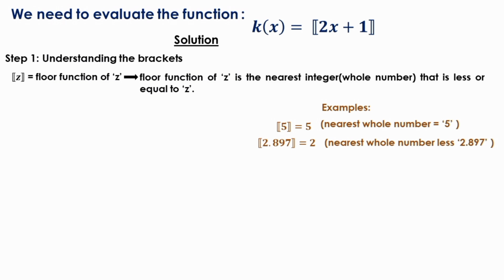If you say 3, 3 is bigger than 2.897. By definition, the nearest whole number can be less than the value itself, or it can be equal to it. The same thing: the floor of 3.23 is 3, for the same reason, and so on and so forth.